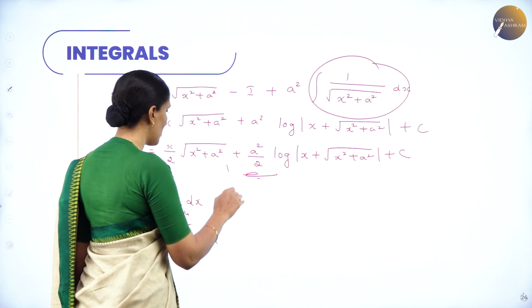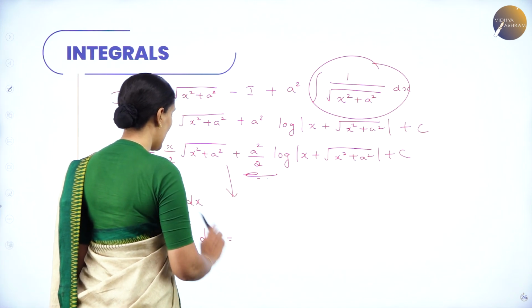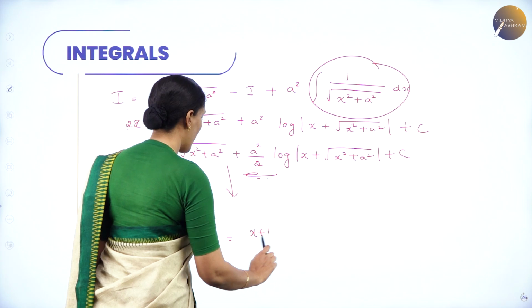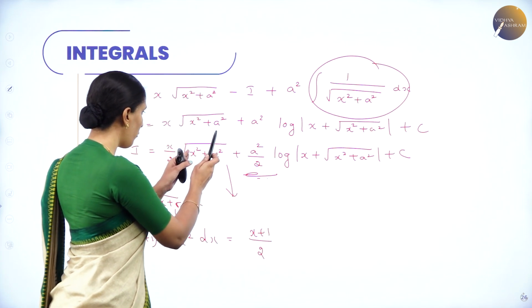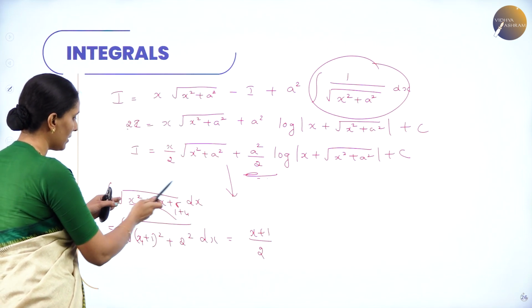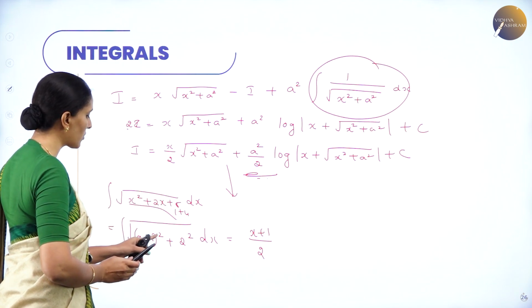So using this formula, we can write the answer as x plus 1 by 2 times the square root of x square plus a square, which is the simplified form of x square plus a square.